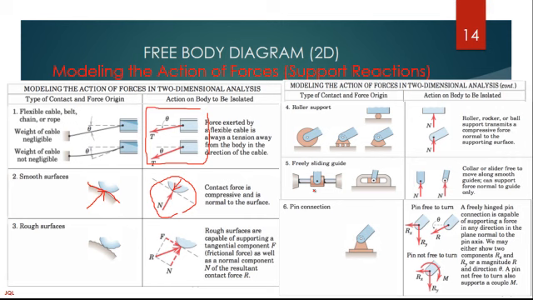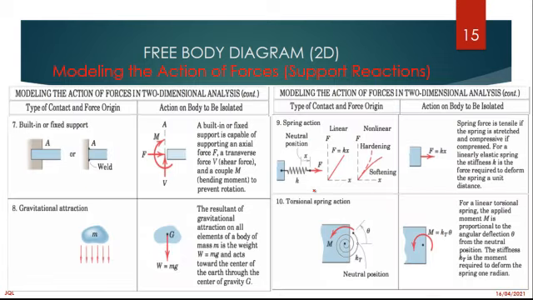But if the pin is not free to turn or to rotate, then that simply means there is a moment which is preventing that member to rotate. Built-in or fixed support. A fixed support, as I discussed, always we are going to have the force in the horizontal, the force in the vertical, and the moment.